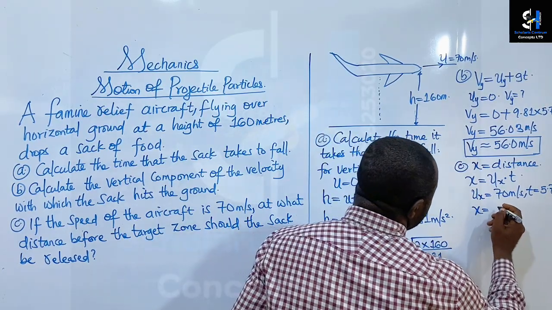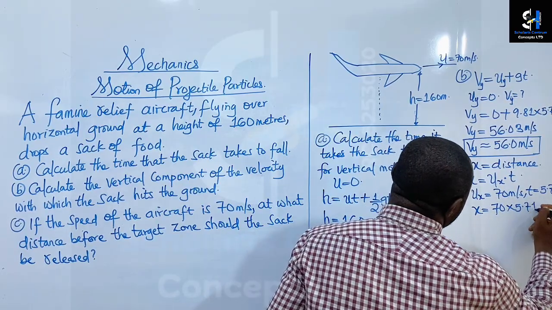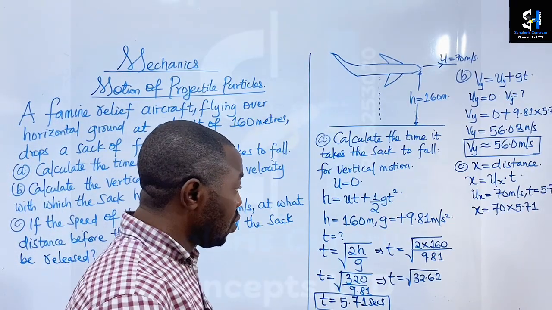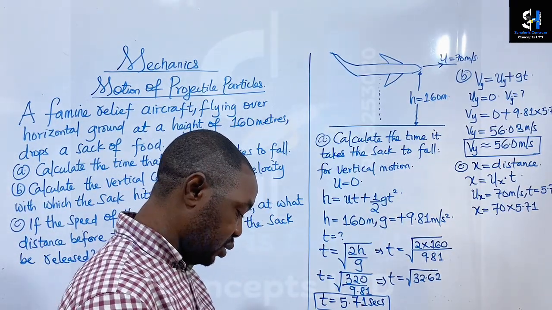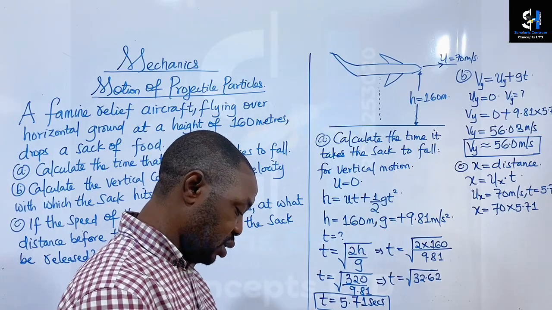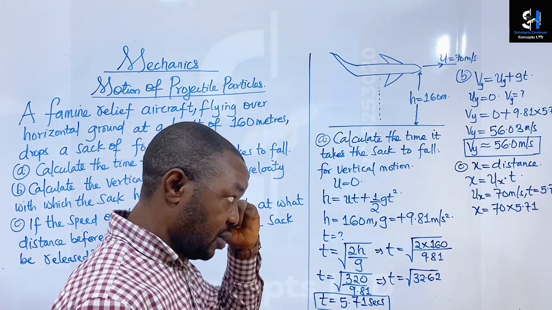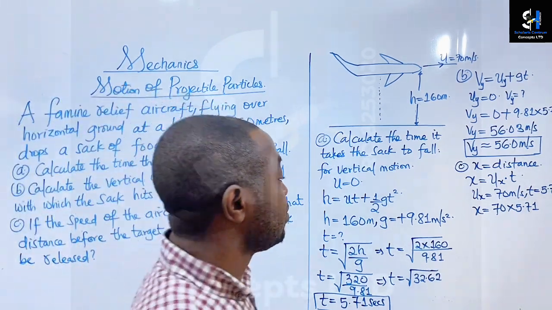So x will be equal to 70 multiplied by 5.71. What is 5.71 multiplied by 70? That'll be 399.7.